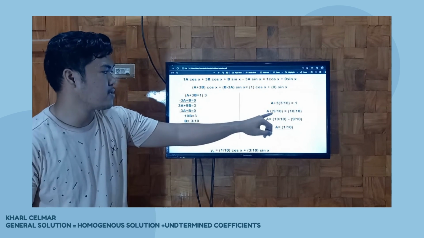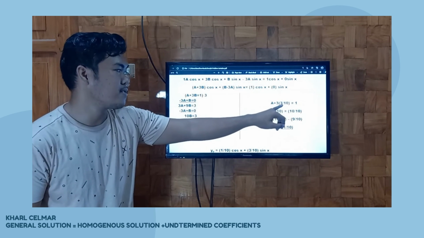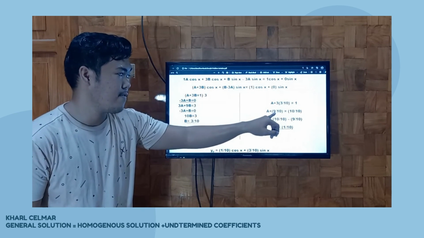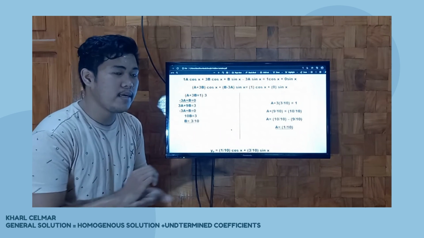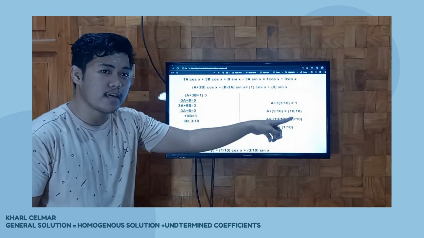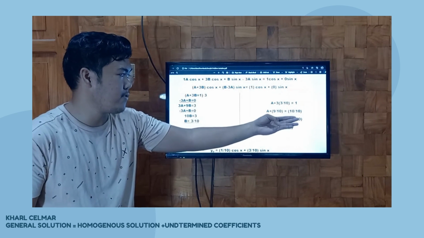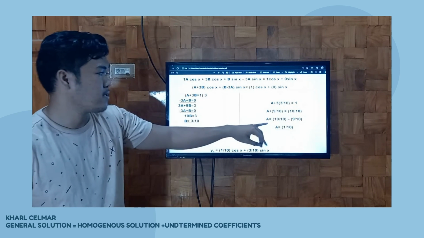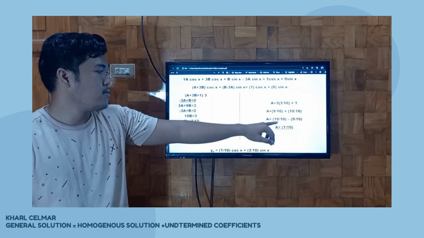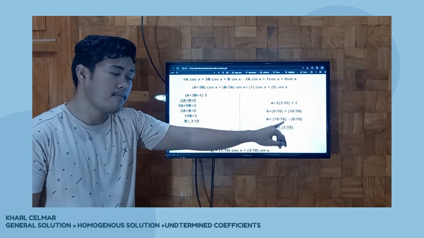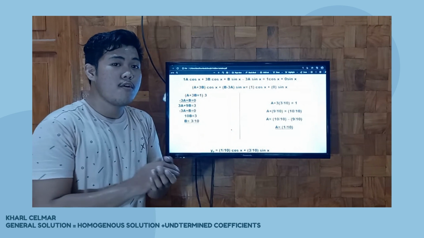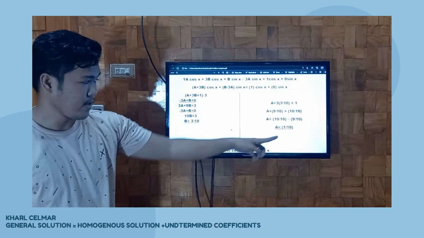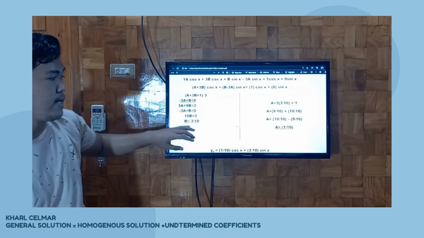Then a plus 3 times 3 over 10, which is 9 over 10, is equal to 1. Or we can simply make it as 10 over 10 to make it easier later when we solve it. So a is equal to 10 over 10 minus 9 over 10, which is a is equal to 1 over 10. Here. So we have the value of b and a.